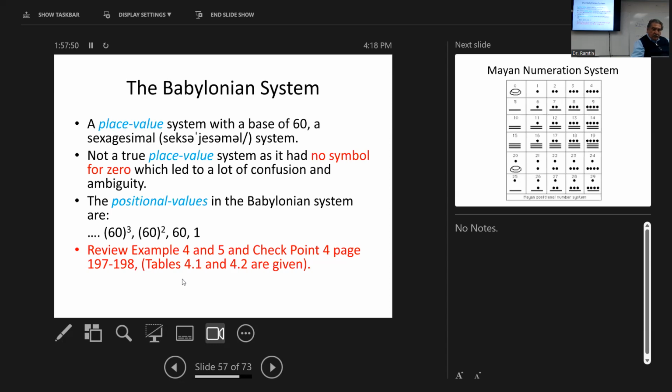Let's, for example, look at page 197. And you need to have that table 4.1, because we are not Babylonian, we don't have these things memorized. Look at the middle of the page, even before the example. It gives you that symbol, and it wants you to find this number.